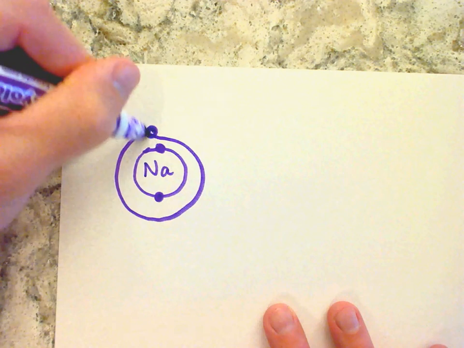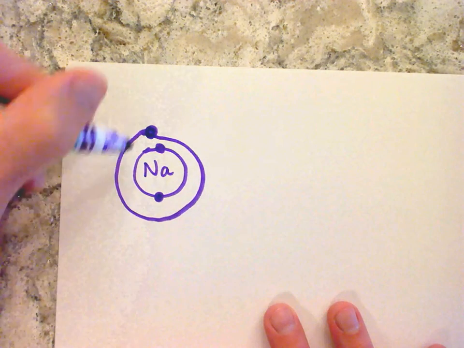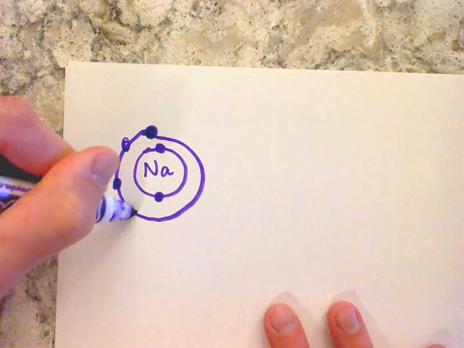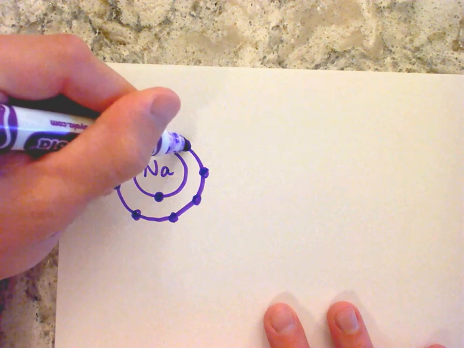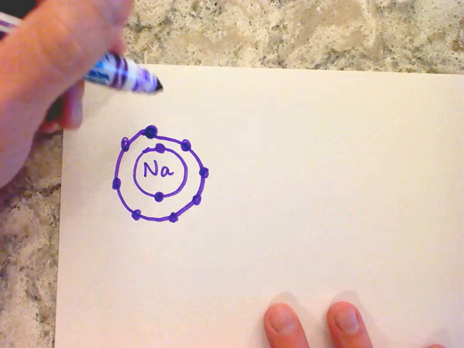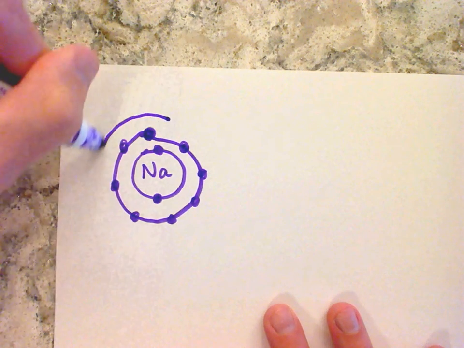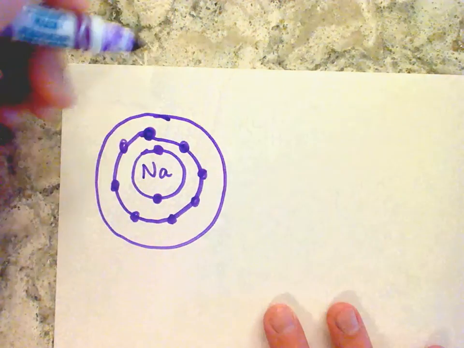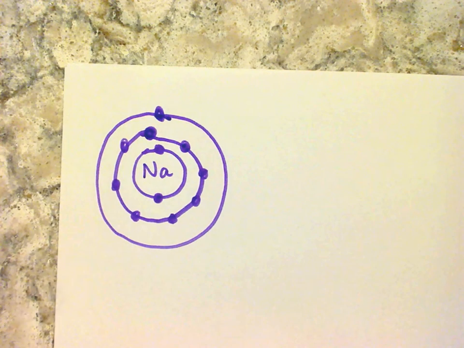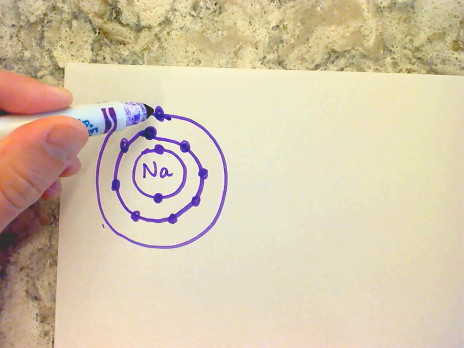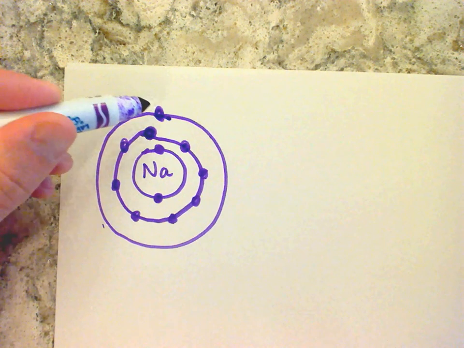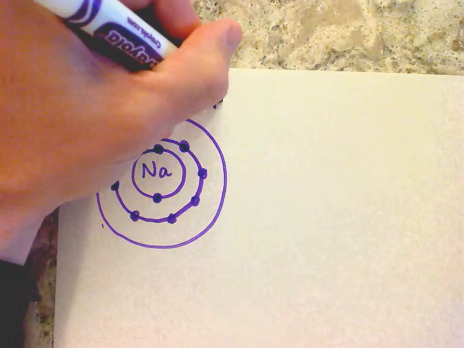All right, 3, 4, 5, 6, 7, 10. So there's sodium's 11 electrons. If you notice again in its outermost shell, which is the 3rd shell this time, there's just 1. And so this one is going to have a +1 charge as well. It's looking to get rid of that electron.